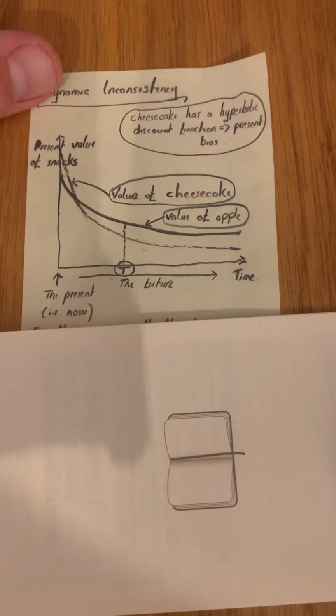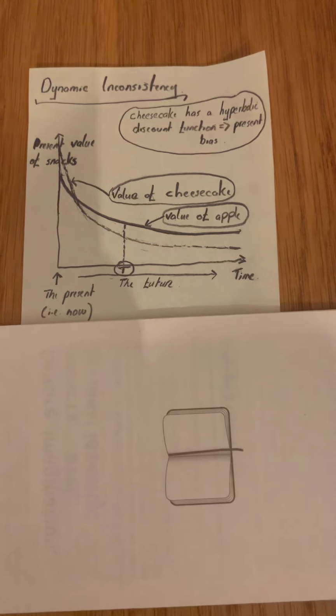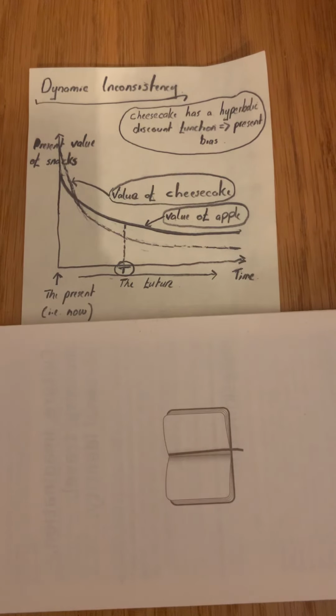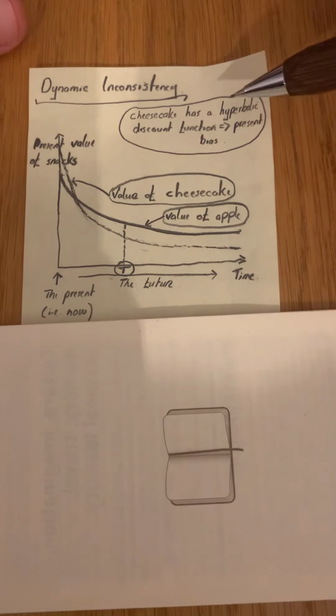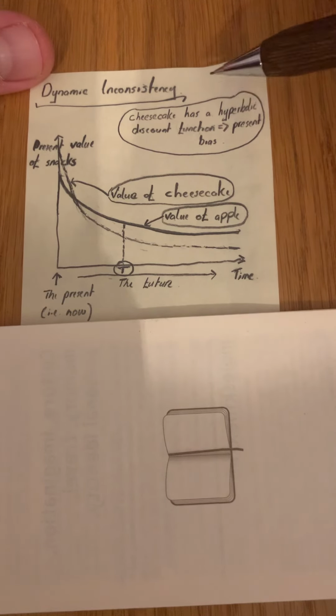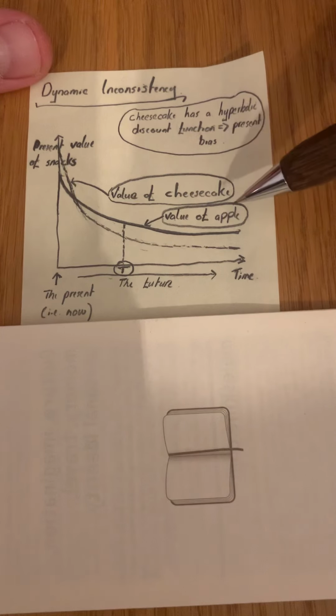I'm illustrating this with what you could consider to be two desserts. One of those desserts is arguably tastier, but the other is relatively healthier, or considered to be relatively healthier by most people. So I'm illustrating this with cheesecake and apple.